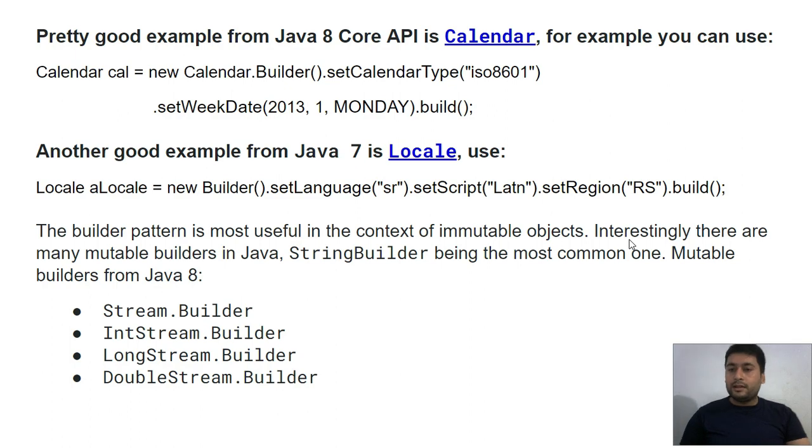Here, you see many mutable builders in Java, like StringBuilder. I hope you know about it. StringBuilder is very popular. Most of the cases I have personally seen are when writing a query. For example, we are writing some query, and those queries are present in multiple classes, and multiple methods are involved.